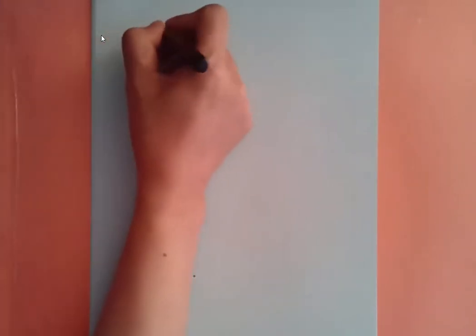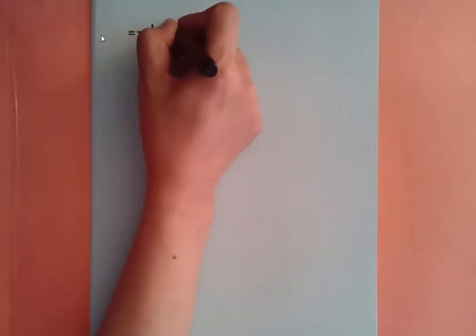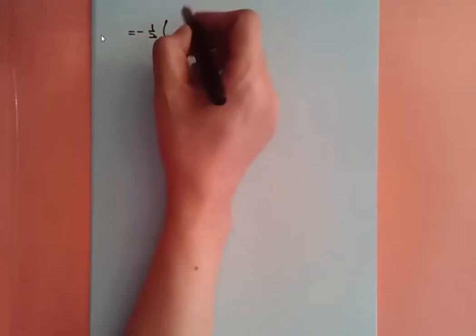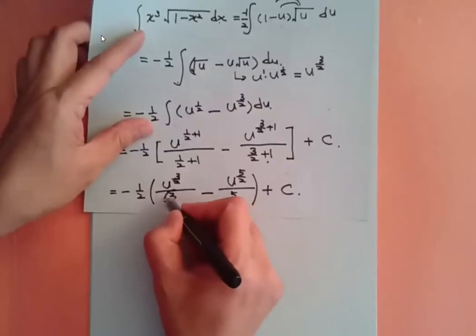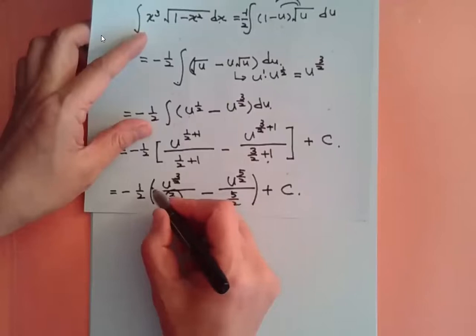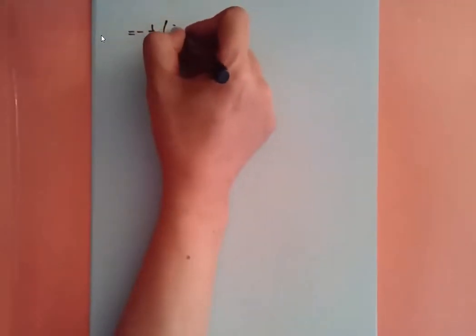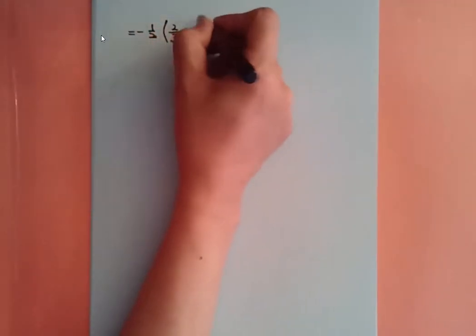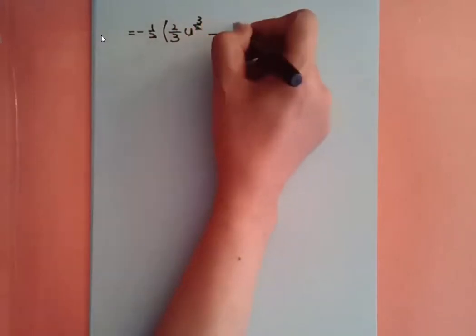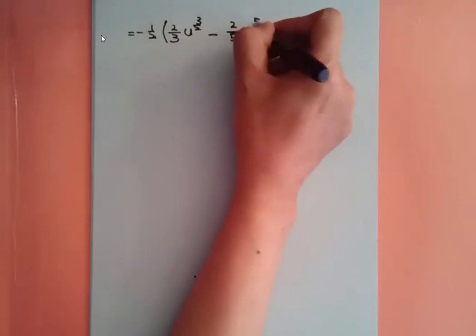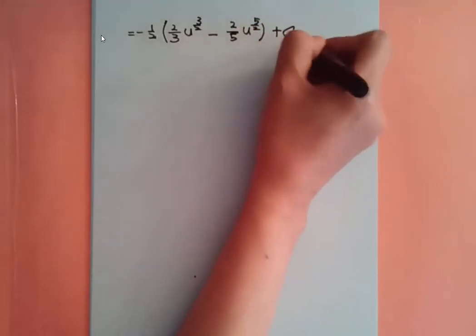This one equals -1/2, and I will just write. So this denominator can be multiplied as a reciprocal. So that becomes 2/3 u to the 3/2 minus 2/5 u to the 5/2 plus c.